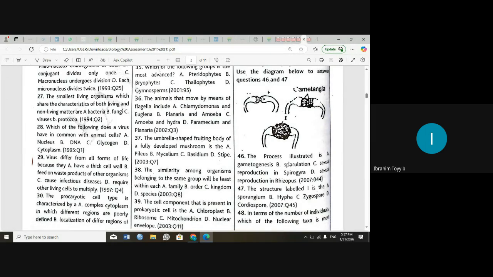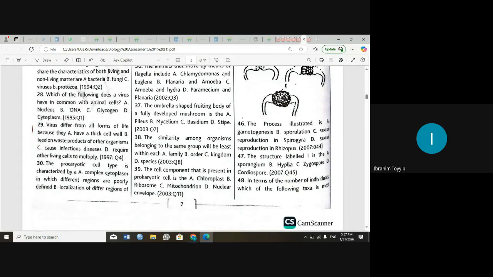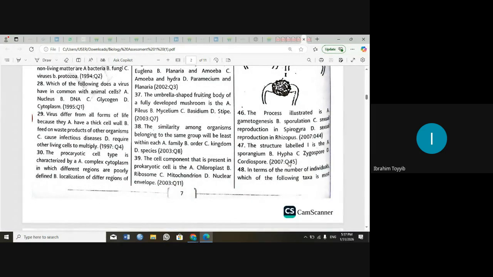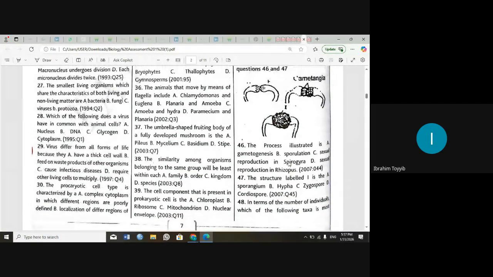Which phase is dominant in pteridophyte? Is it gametophyte or sporophyte? Sporophyte. Of bryophyte, which one is dominant? Gametophyte or sporophyte? Gametophyte. That's good.